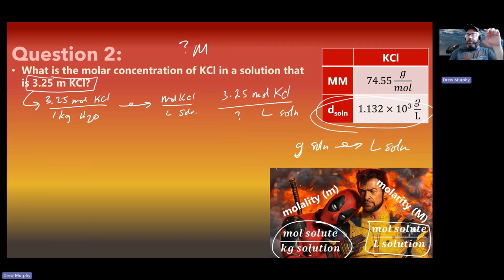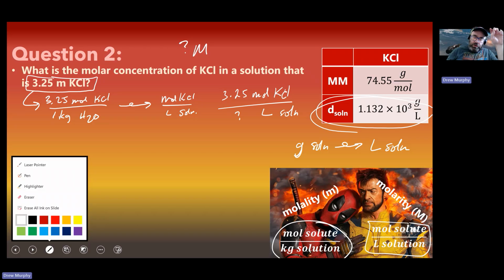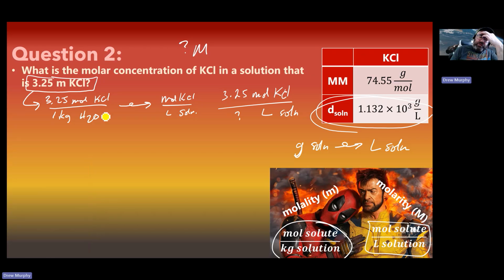How are we going to get grams of solution? We know that we have a kilogram of water, and we also have 3.25 moles of KCl. So we have to get this to be grams, using our dimensional analysis skills again.